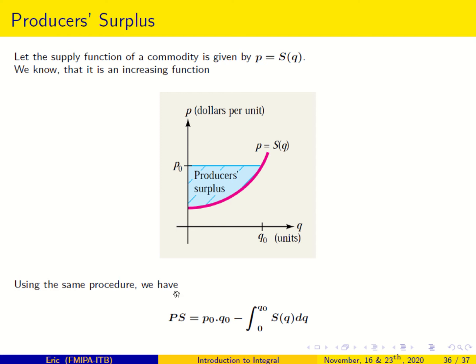The producer surplus is given by P0 times Q0, the area of this rectangle, minus this one, which is the total profit expected by the producer.